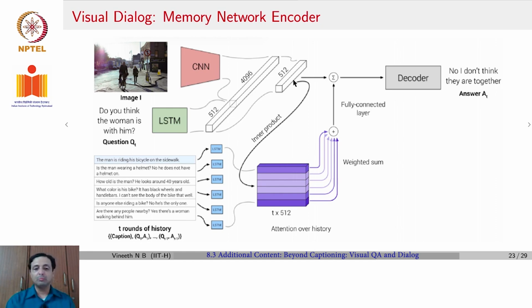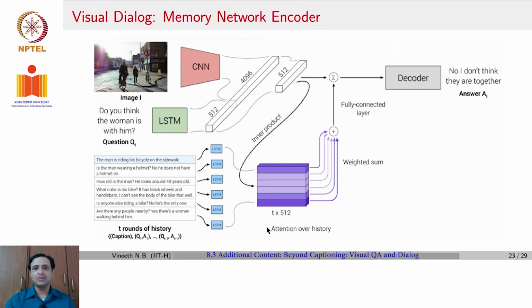Now you also bring the current image-question representation along with the representations of the history, and you look at an attention step here. You see an attention over history to decide which part of the dialogue is relevant to answer the current question.